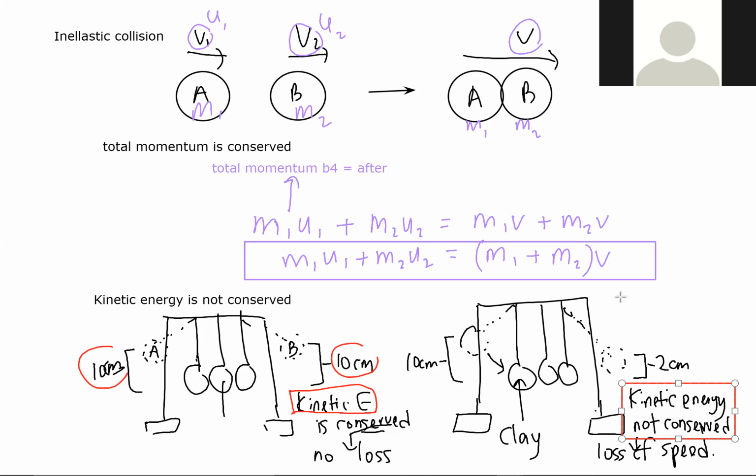Okay, so this one is an example of inelastic. Okay, so inelastic, remember, inelastic means that kinetic energy is not conserved, so there is a loss of kinetic energy outside of the system. Okay, that is the main difference between the elastic. Okay, but the momentum is still conserved in both types.